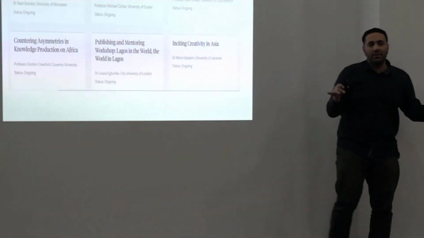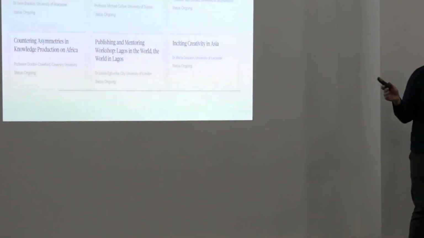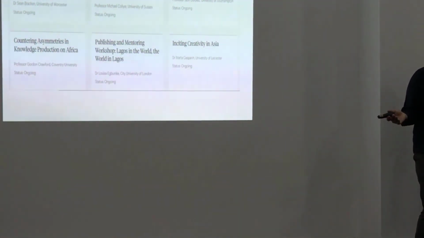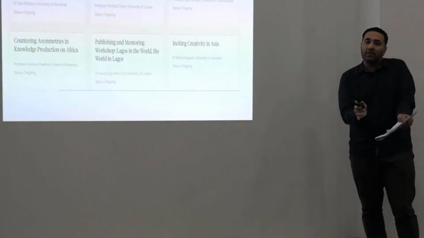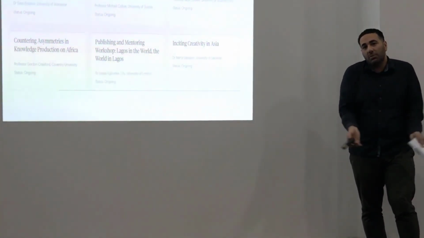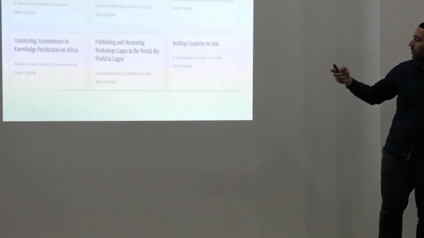You can see, because the fund was set up that way, it's about publishing. So the different academics in the UK have prepared and designed these projects to suit their own specific needs, like I have, and I'll show you.